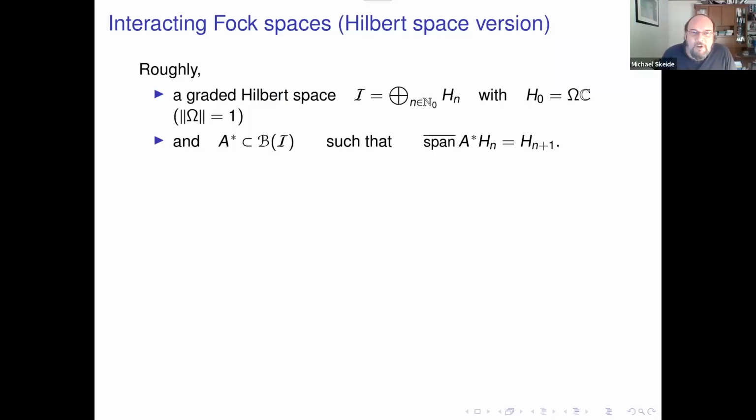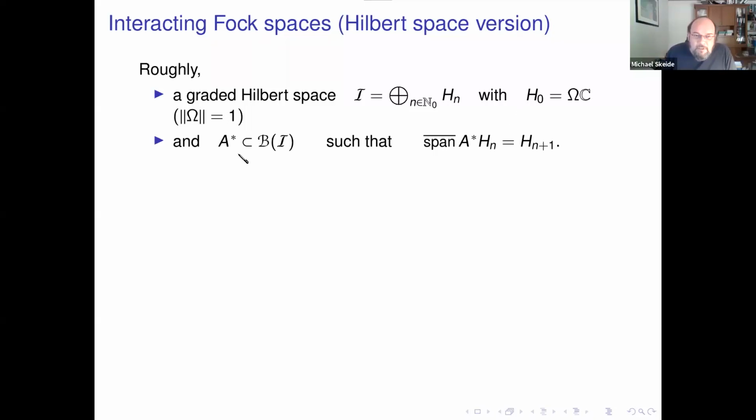This is just a graded Hilbert space, so a direct sum over H_n, n natural numbers, 0 included. They are referred to as n-particle sectors. In particular, the 0-particle sector is required to be generated by a single unit vector omega, which is usually called the vacuum.